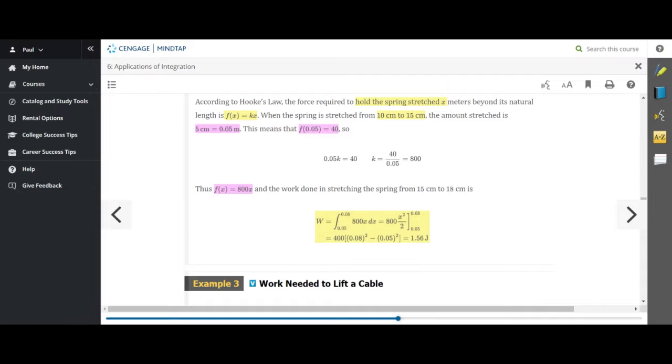So let us proceed on to the third example.